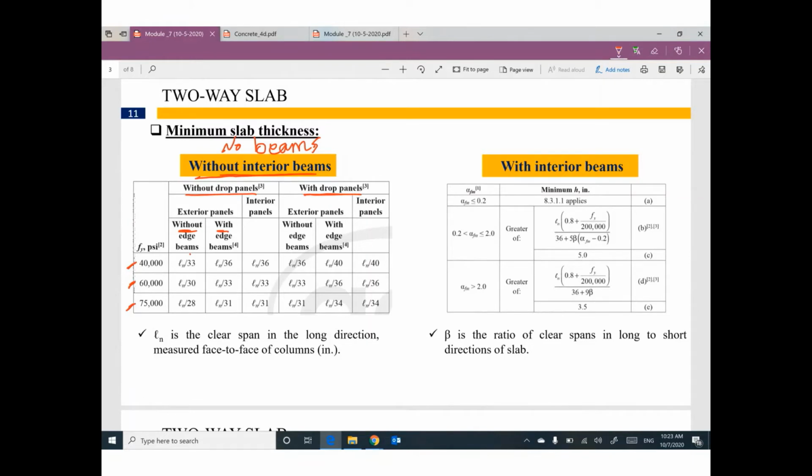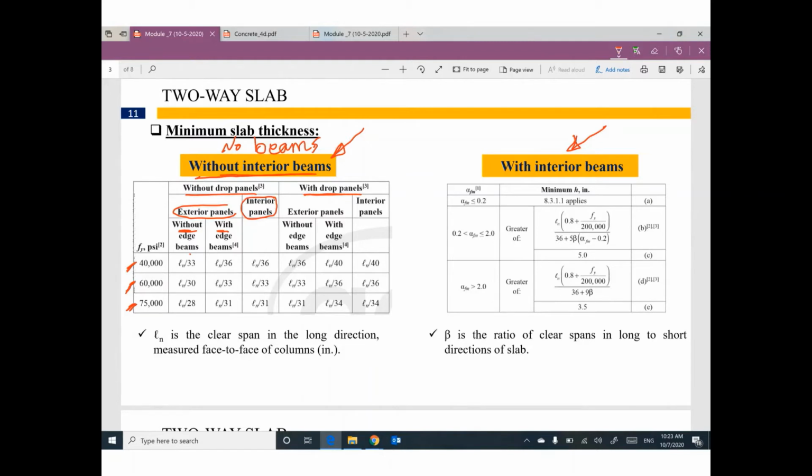So you need to think, what condition do you have? I'm going to start from the beginning. Do you have interior beams or not? What type of steel are you using? Are you talking about an exterior panel at the edge or an interior panel?